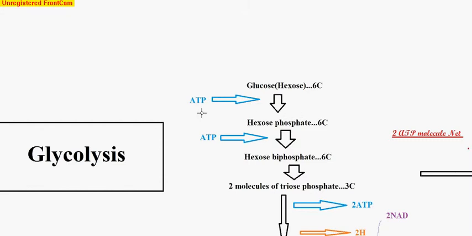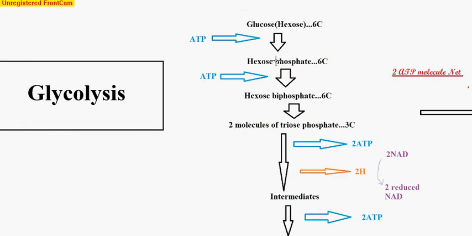One of the phosphates from the ATP attaches to hexose, and it becomes hexose phosphate, and this ATP changes to ADP. Do not forget that this ATP changes to ADP, and hexose phosphate becomes hexose biphosphate. It all has 6 carbon.